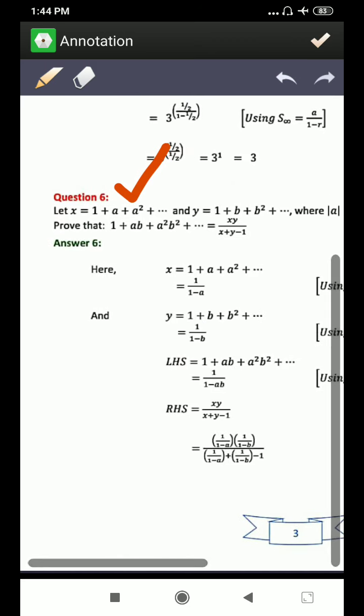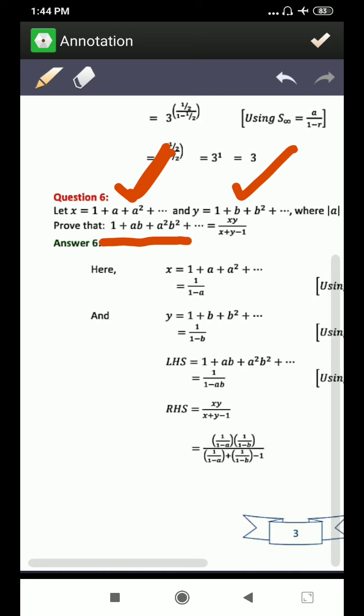Using this infinite GP you get the value of x, using this infinite GP you get the value of y, using this infinite GP you apply the formula in left hand side. To calculate right hand side, we obtained the value of x from here, the value of y from here. You just put in this one particular expression the value of x and y. So we have replaced x by 1 upon 1 minus a and y by 1 upon 1 minus b.